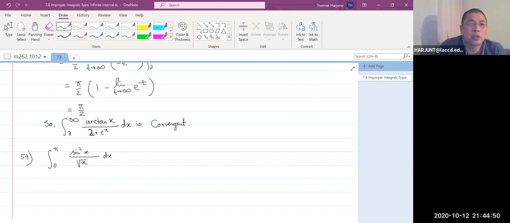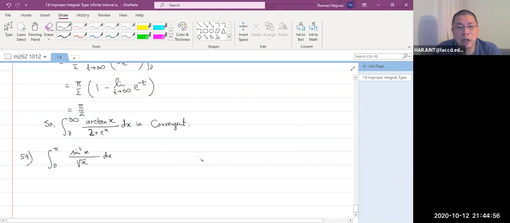Okay, let's do some guessing game. I know that sine x is between -1 and 1, so sine squared x is between 0 and 1, for every x.